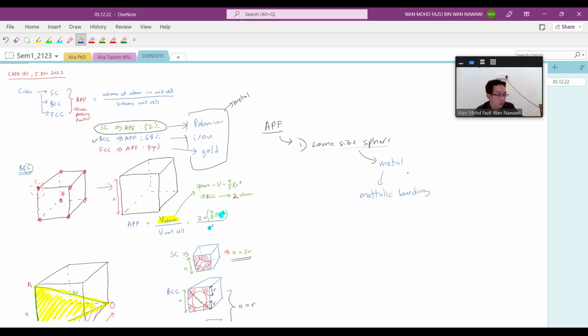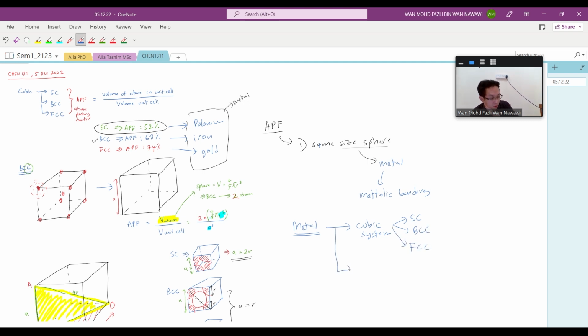So this is how metal bonds in the structure of the crystal. So that is the same size sphere. In fact, most metals are basically a cubic system, either simple cubic, body center cubic, or face center cubic.